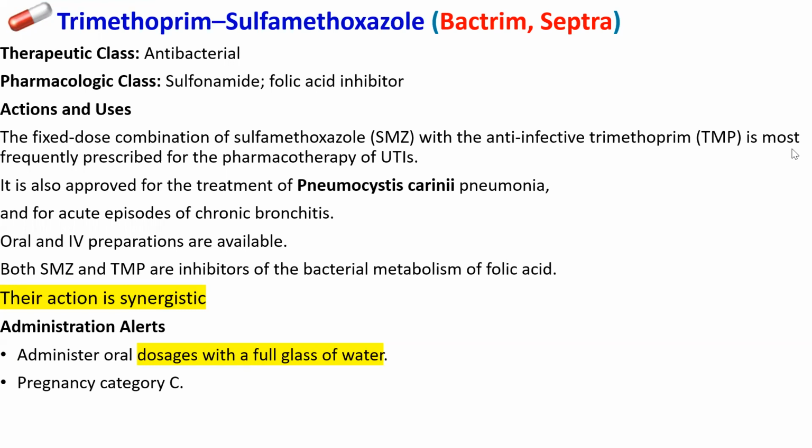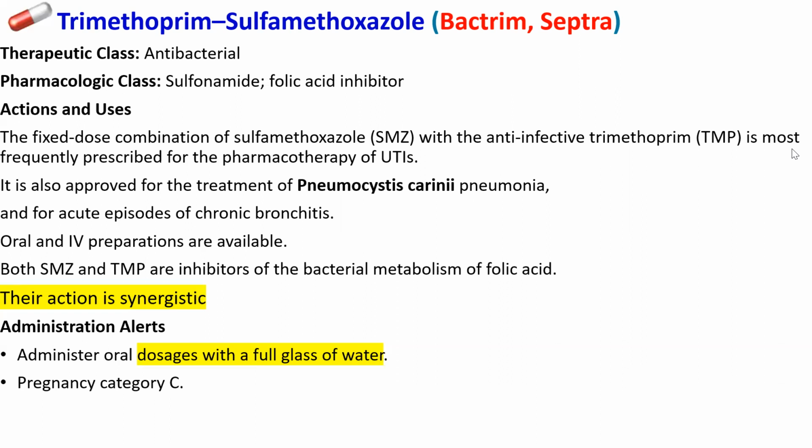It has also been approved to treat PCP, pneumocystis carinii pneumonia, and sometimes patients with HIV/AIDS develop this type of pneumonia. The new name for this pneumonia is pneumocystis jirovecii pneumonia, but it still has the same abbreviation, PCP.